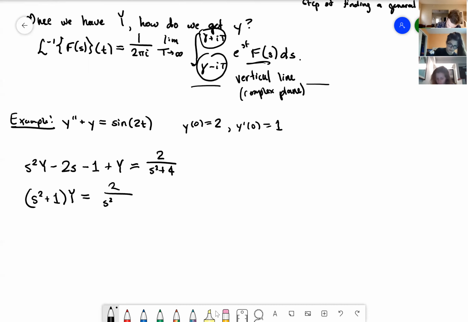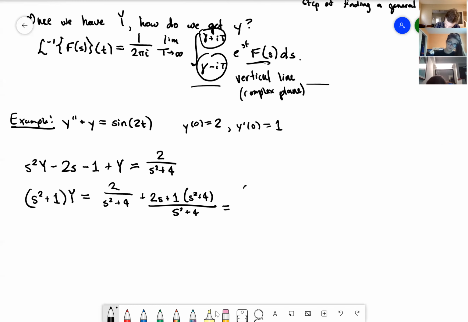2 over s squared plus 4 plus 2s plus 1. Let's go ahead and get common denominators. So this will be s squared plus 4 over s squared plus 4.